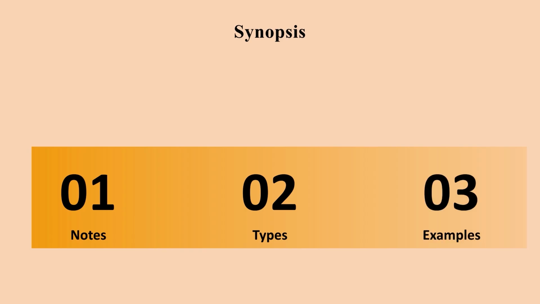In this session, we will discuss what notes are, what their different types are, and with a few examples from Dewey Decimal Classification, we want to comprehend the different types of notes and their uses.